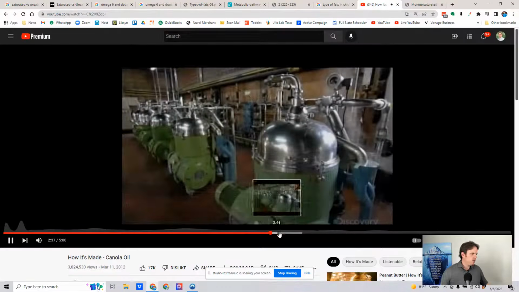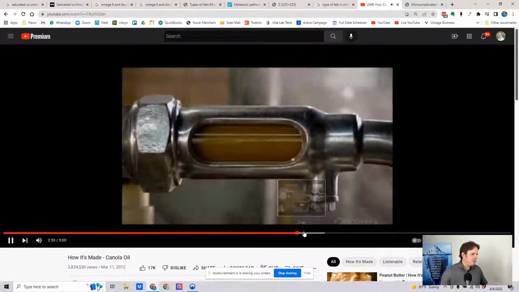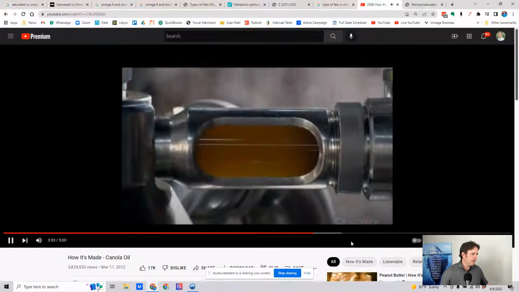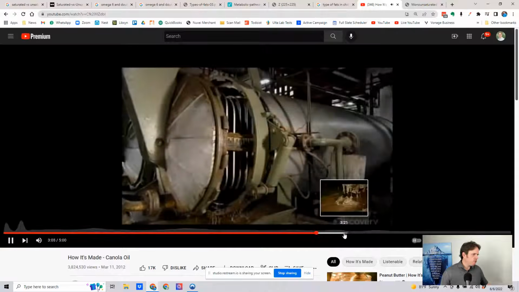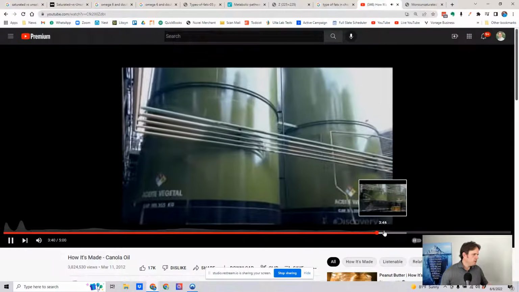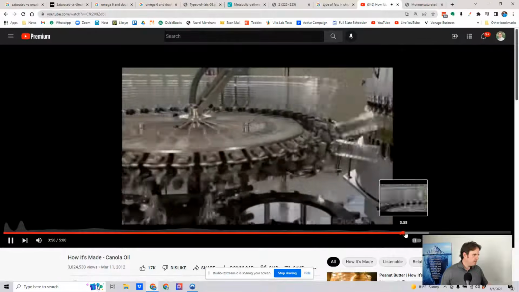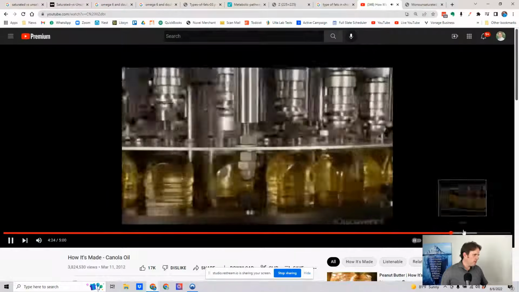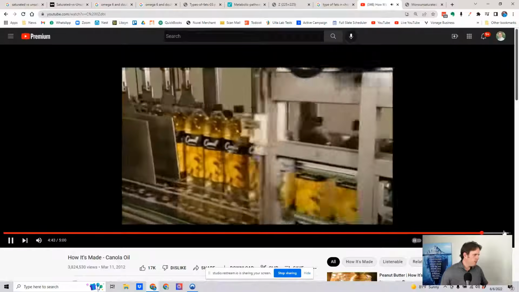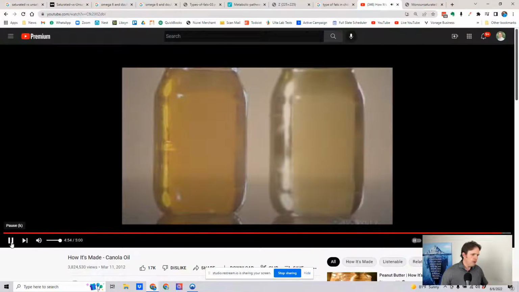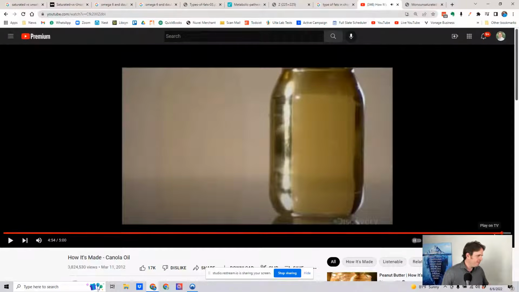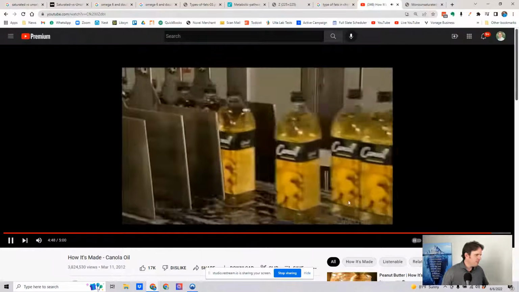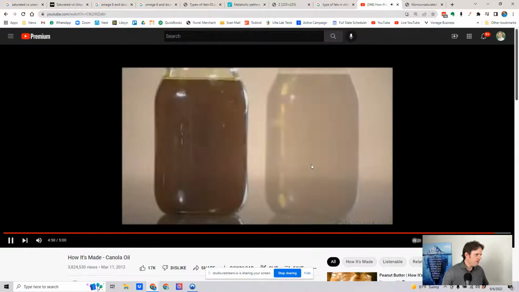They have to heat it, they have to bleach it. Obviously, it comes back in this nasty color, so they have to filter all that junk out. So you can just see all the processing that happens on the canola oil side. I recommend take 4 or 5 minutes and watch the video, and just don't do it while you're eating. You can see, look at the color and how it comes out.